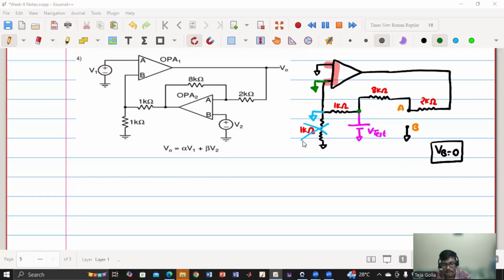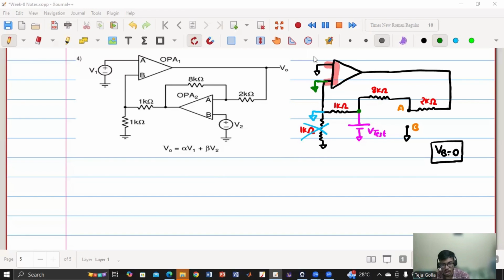Any idea or anything that you'd like to add? Others? Anyone? No, sir. Okay, so VA is equal to zero. How are you saying VA is zero? VB is zero, yes, but VA is something we would like to find.